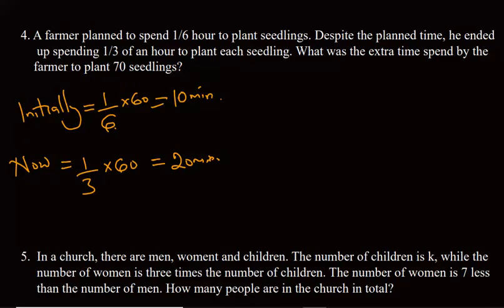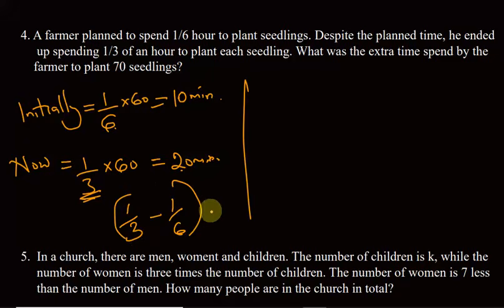But maybe due to other conditions, he is now spending 20 minutes, which is a third. So we can find the extra time used to plant one seedling. This is 20 minus 10. When you use the fraction, it will be a third minus a sixth. This is the extra time for a seedling.